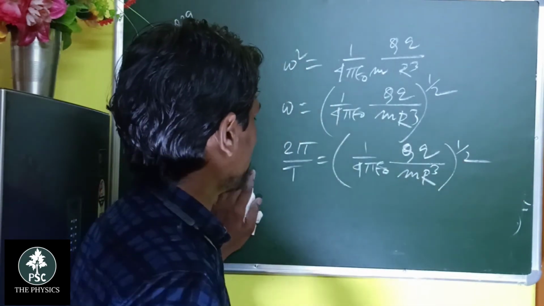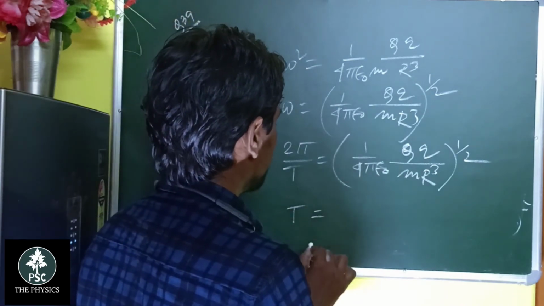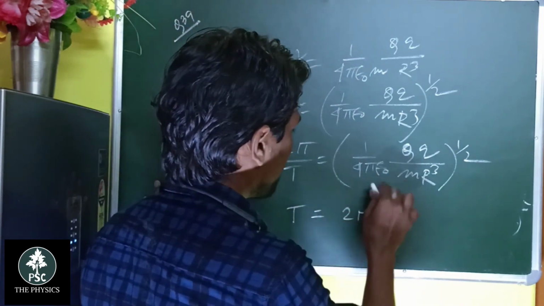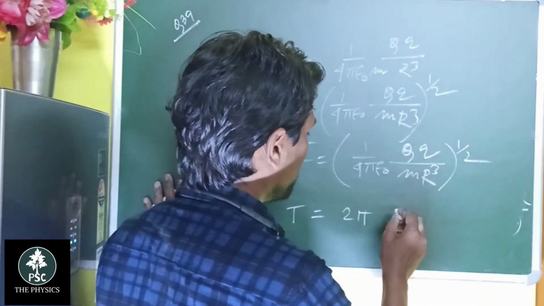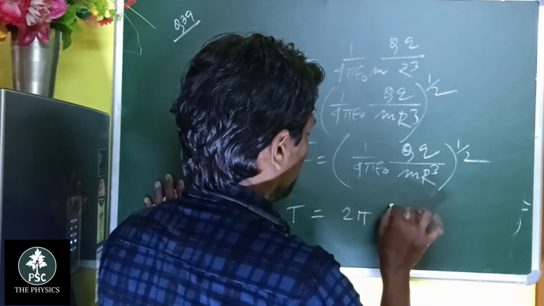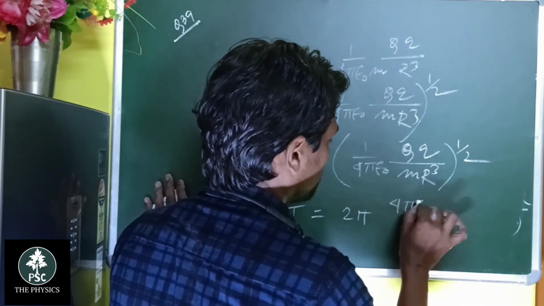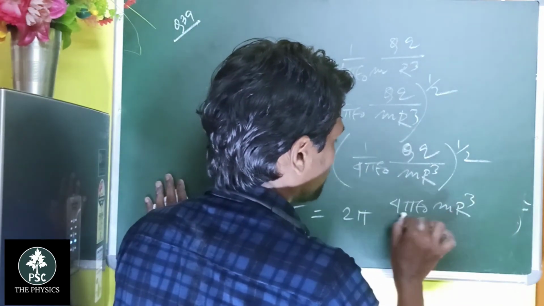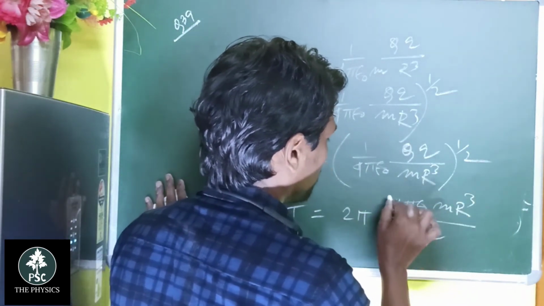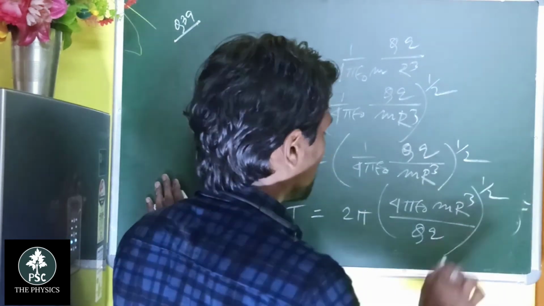Then omega equals 2 pi by capital T, so T equals 2 pi times (4 pi epsilon naught m r cube by capital Q small q) whole to the power of half.